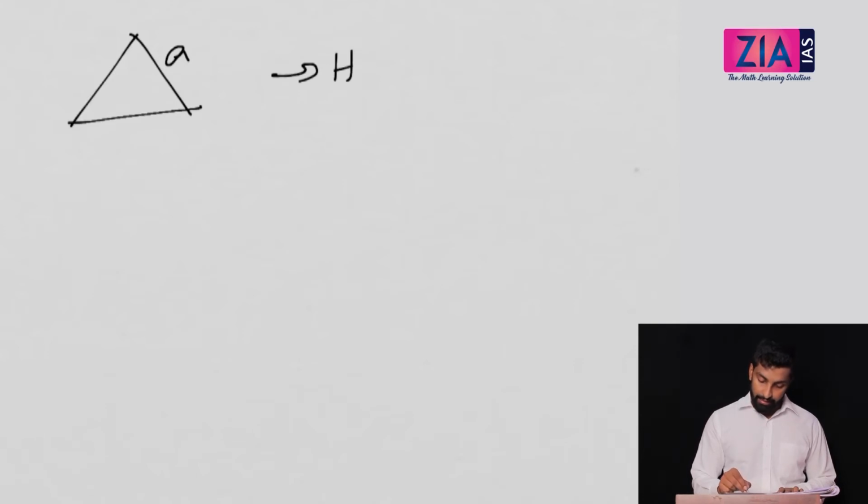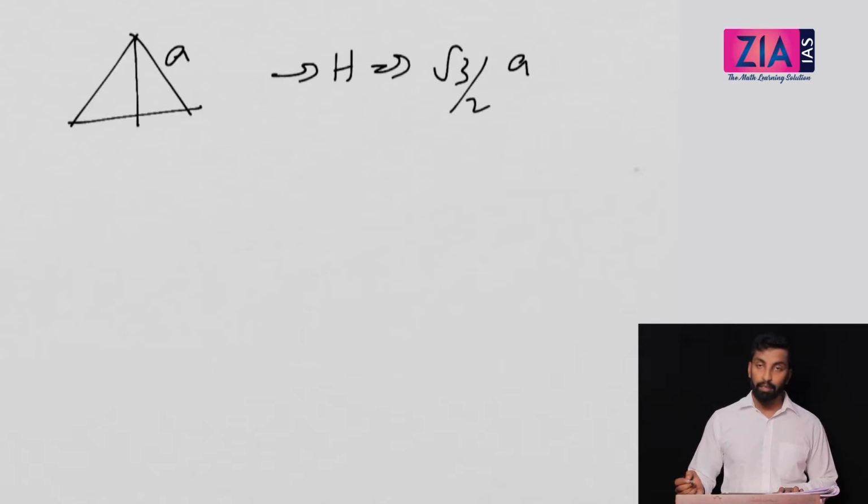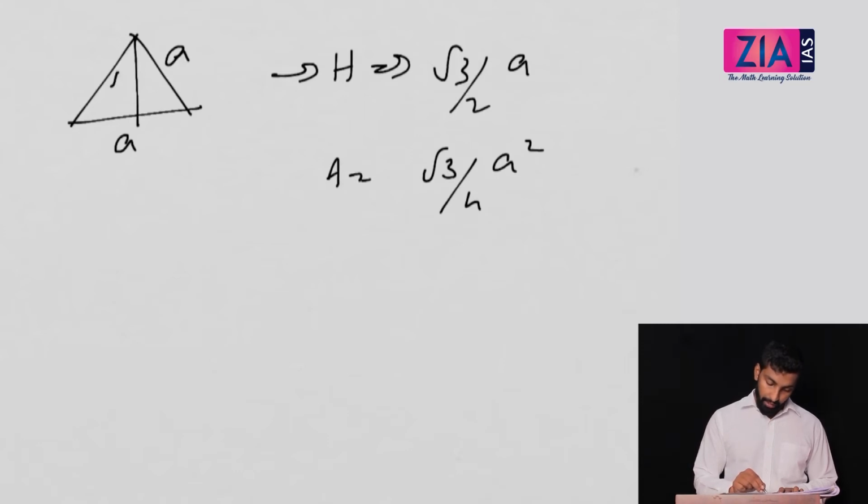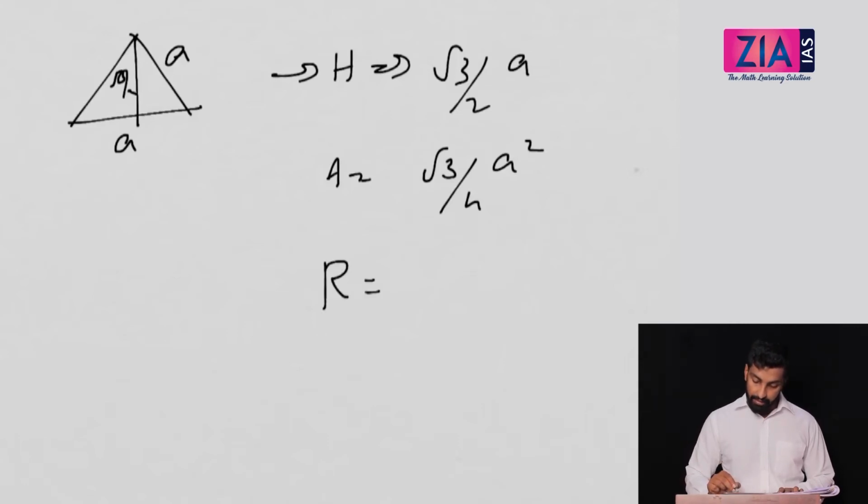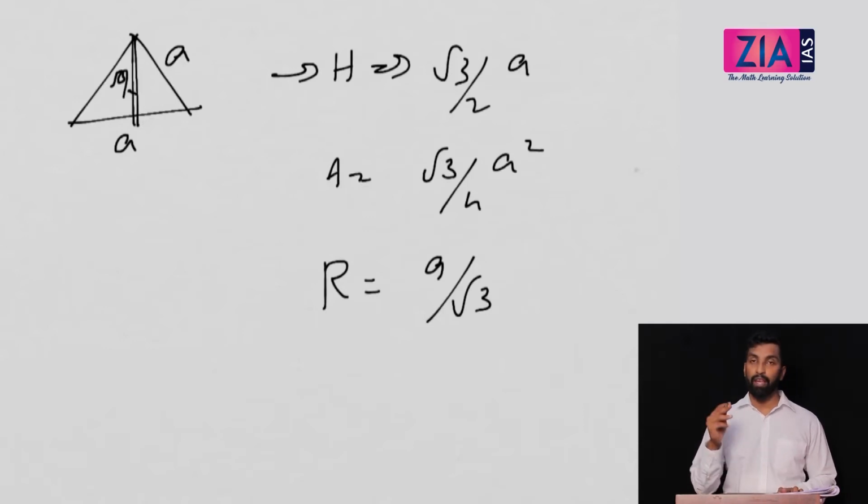We got the height as root 3 by 2A, right? We got the area as root 3 by 4A square, because this we know A and this we know root 3 by 2, so we can find it. We got the circumradius as A by root 3, because we know that height we are dividing in the ratio 2 by 3, right?